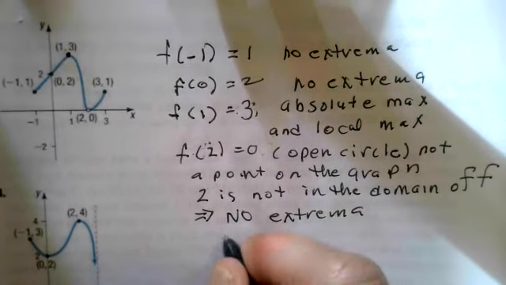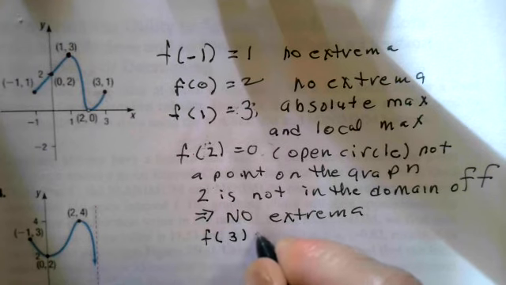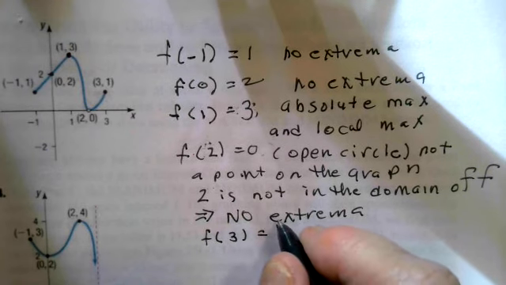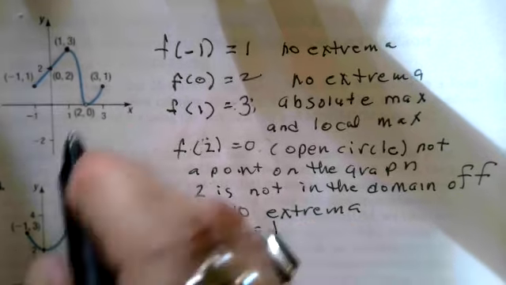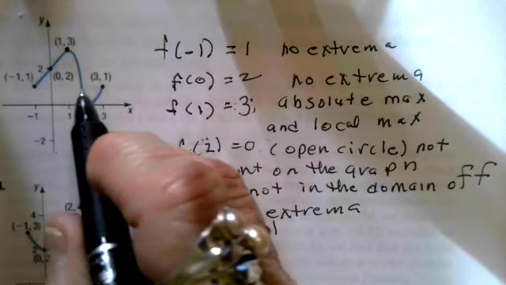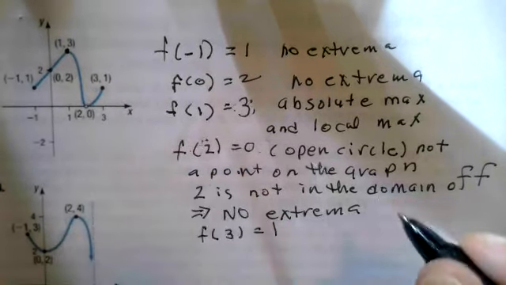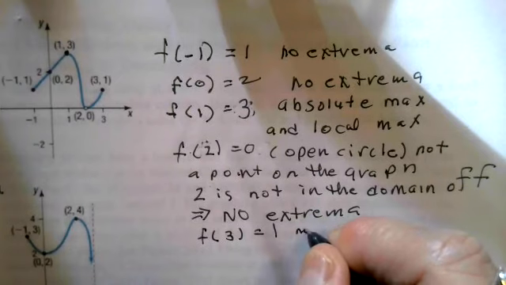And then the last point is where f of 3 equals 1. Well, it can't be a local max or a local min because it's at the endpoints. And it's not the highest point and it's not the lowest point. So you would say no extrema.